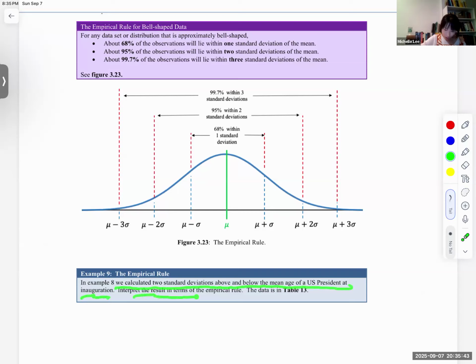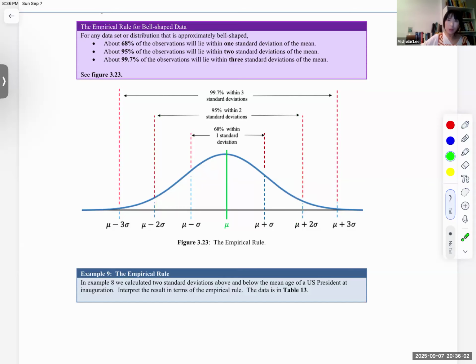Interpret the result in terms of the empirical rule. Okay, so let's find out, because we did not find out, right? So 2 standard deviations above and below the mean.